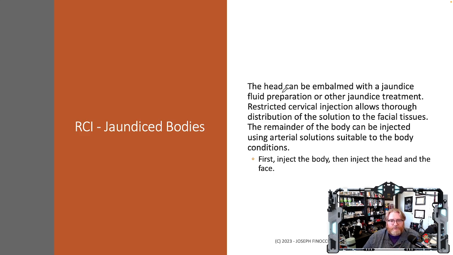What the moral of the story here is, when should you use restricted cervical injection? On almost every type of example that you saw with multi-point, right? Almost all of these categories match what you should be doing with a multi-point body. Why would you do restricted cervical rather than multi-point? Because it's quicker. Just flat out, because it's quicker. Instead of raising 6 arteries, you're making 2 incisions, raising 2 arteries, and going from there.